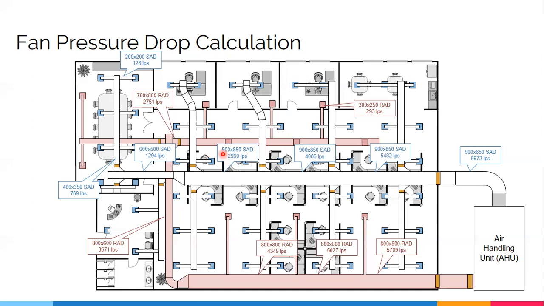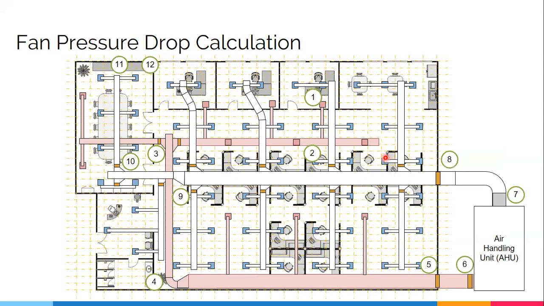Okay, so how are we going to proceed now? We have our duct accessories, we also have our flow rates, and we have our duct size based on those flow rates. So we're going to determine the pressure drop for the air handling unit.